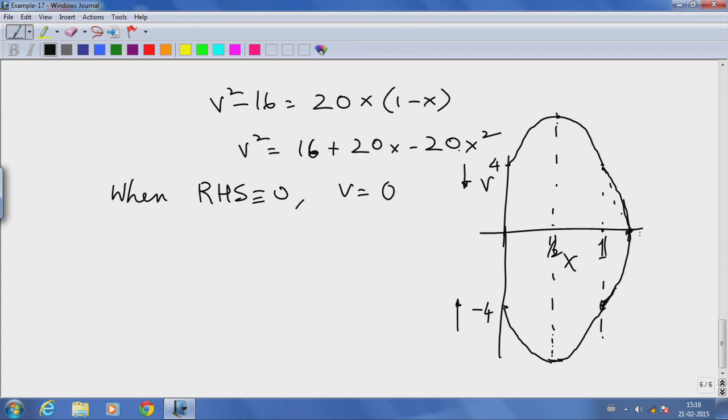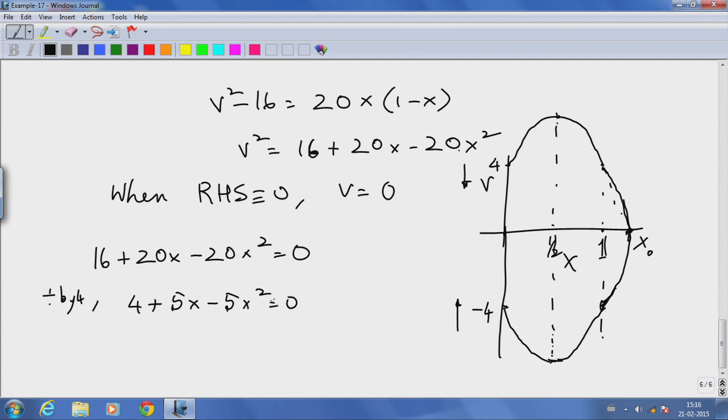The actual location of this, I will call x naught, can be found by taking the root of this equation: 16 plus 20x minus 20x squared. So, let us do that. If I divide this by 4, we get this to be 4 plus 5x minus 5x squared equal to 0.